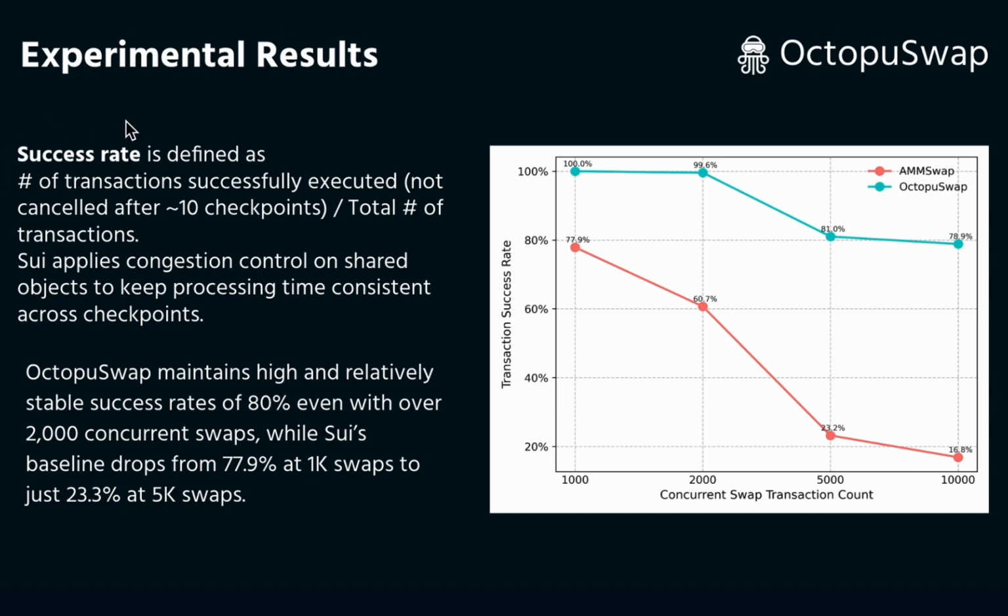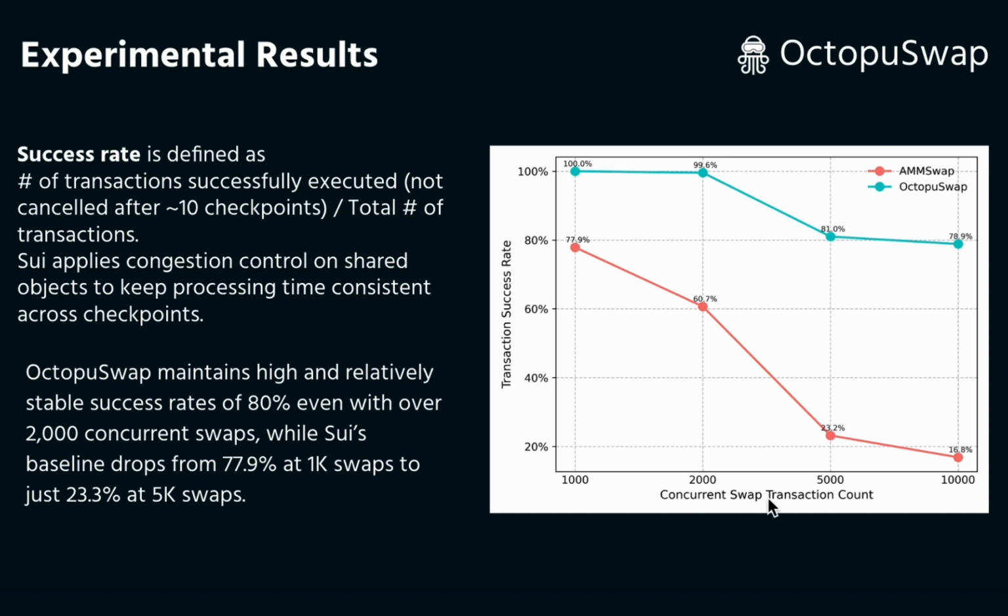Success rate matters too. We measure this as the number of transactions that get confirmed on chain without being canceled after about 10K points, divided by the total number of transactions in our experiment. Just giving a little bit of background, Sui uses congestion control on shared objects to keep processing time stable, but it can lead to canceled transactions when things get really busy.